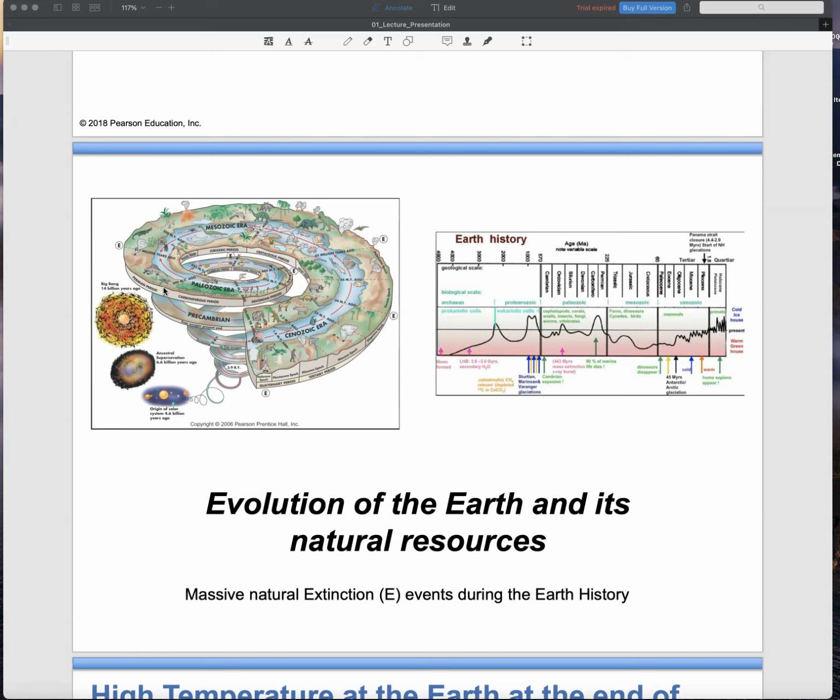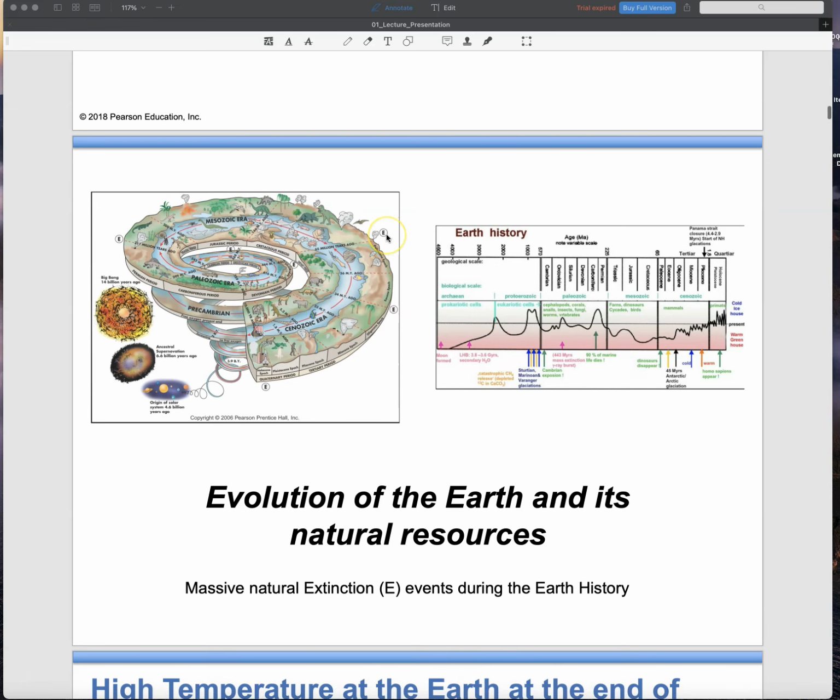Okay, so if we move forward in here, getting into the Mesozoic era, Jurassic period, about 200 million years ago, we're going to end up in the Cretaceous, between 150 million years ago and 60 million years ago. And at the end of the Cretaceous, going forward into the Tertiary era, there was another very big extinction on the Earth.